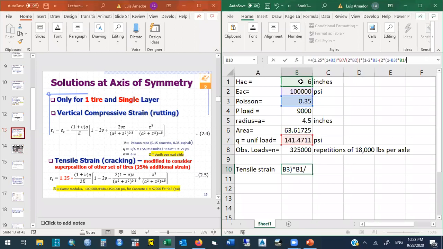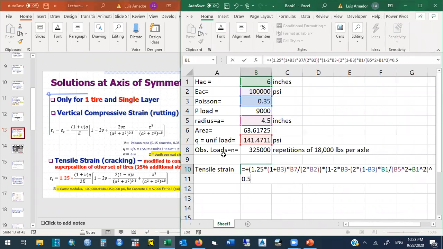Now I'm gonna divide that. I'm gonna open a parenthesis, so this is A squared plus Z squared, and this is to the power of 0.5. Okay, guys, sorry, I'm just gonna move this a little over here to be able to see the entire thing. So I close this parenthesis and I continue plus, and now I have C cubed.